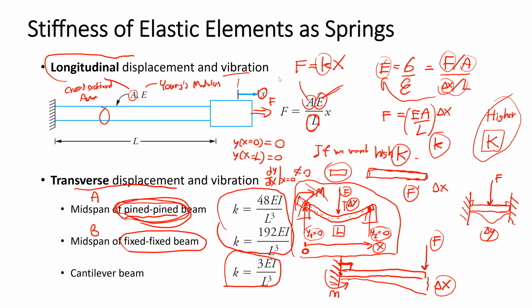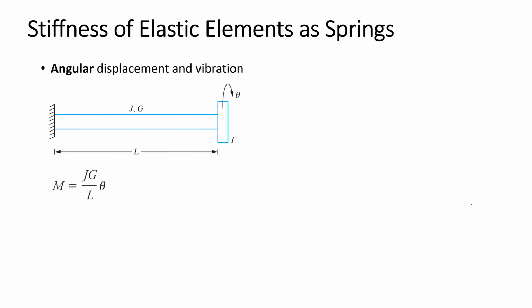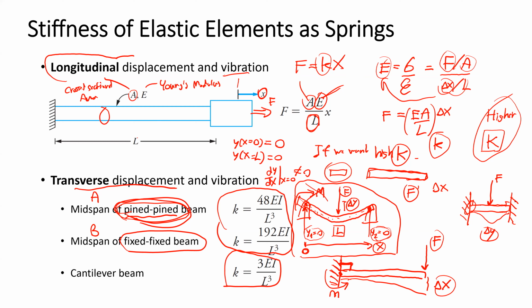Okay, thank you, Kantiti. Kantiti answered that maybe fixed, we're gonna have higher stiffness. It makes sense because if we don't allow the beam to have a slope here, we're gonna have a small deformation. If we allow the beam to have a non-zero slope at the support, it's more flexible.